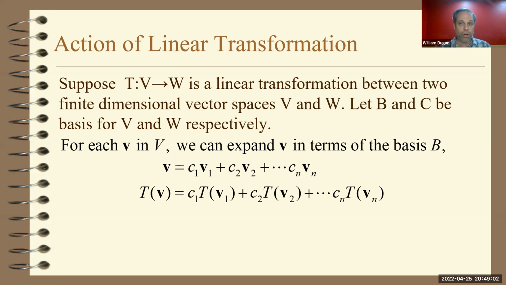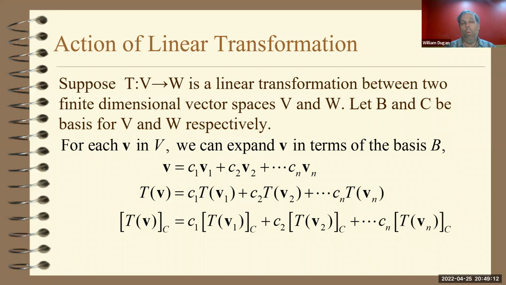Next, go ahead and take the transformation of both sides. Remember, the linear transformation will distribute through vector addition and scalar multiplication. Next, go ahead and find the corresponding coordinates relative to C for these vectors, because whenever you take T of any vector, it's a vector in W and it has coordinates relative to the basis C for W. But notice that the right-hand side can be written as a matrix multiplication.